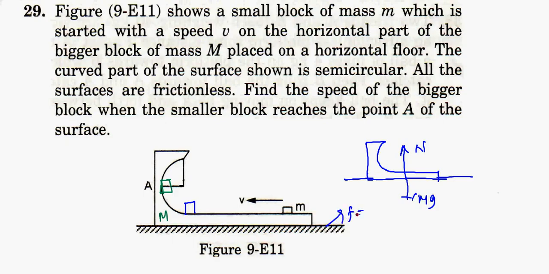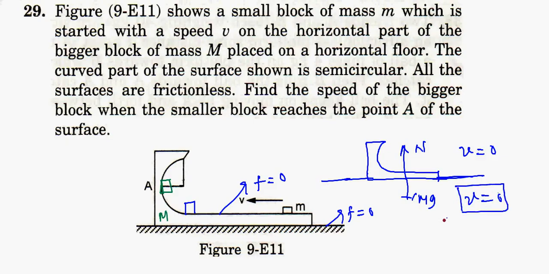All the surfaces are frictionless, so there is no friction here, no friction here. So there is no net external force acting in the horizontal direction. Initially, the bigger block was at rest. In the absence of any net force, its final velocity will also be 0. Same is the case for the small m block.